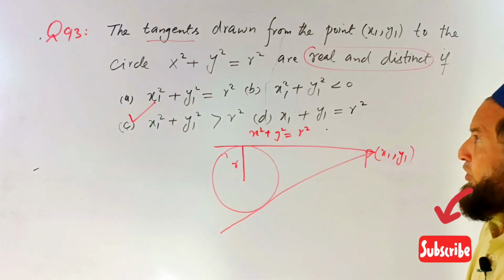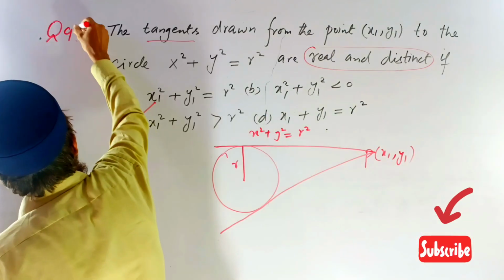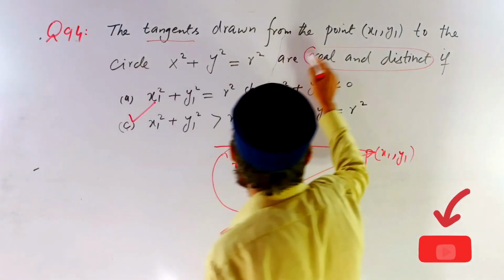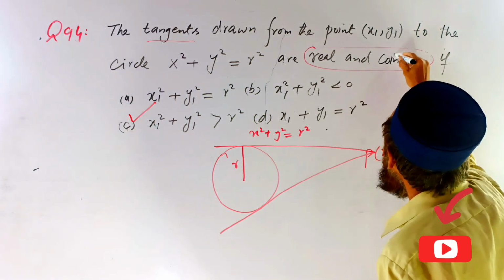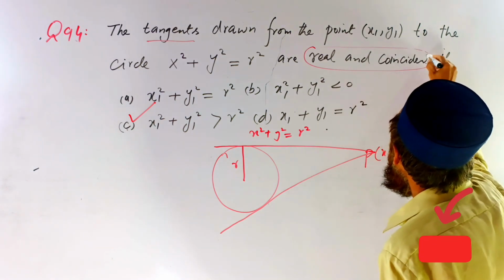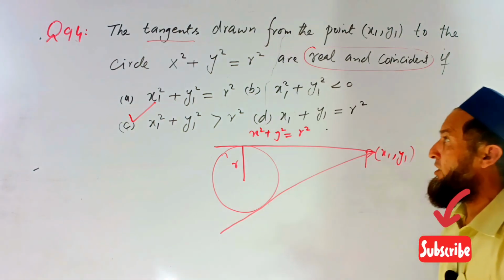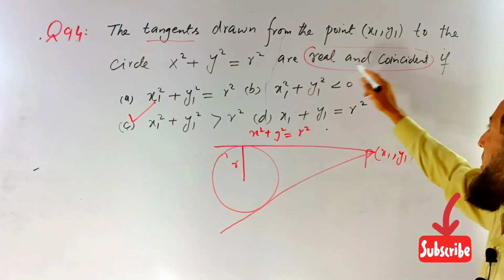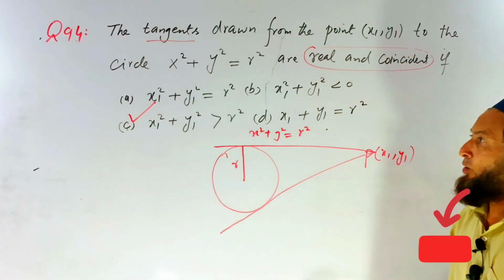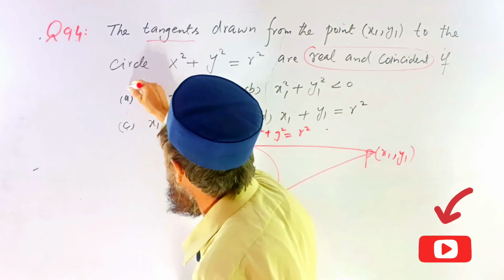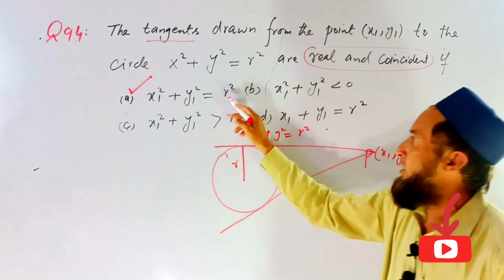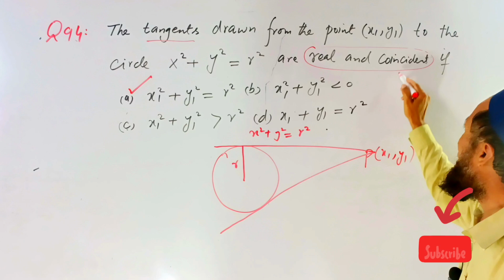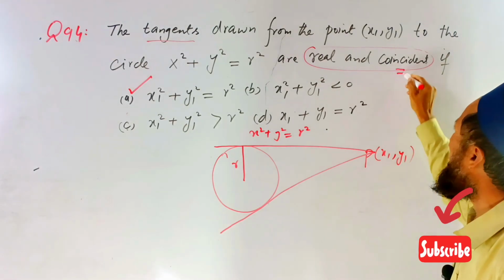If we change the question here, tangents drawn from the point are real and coincident, which means equal. So in this case, we are using the condition that the point lies on the circle, so x1 square plus y1 square is equal to r square.